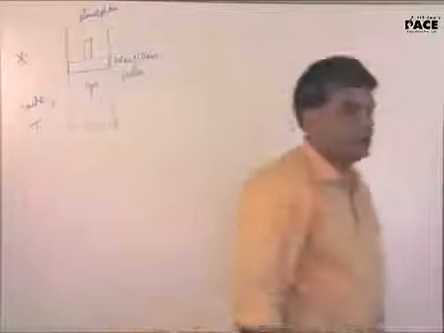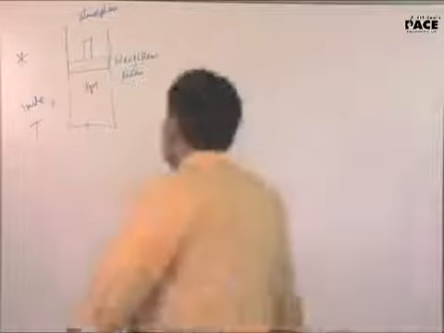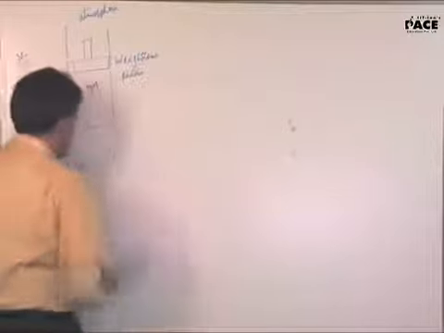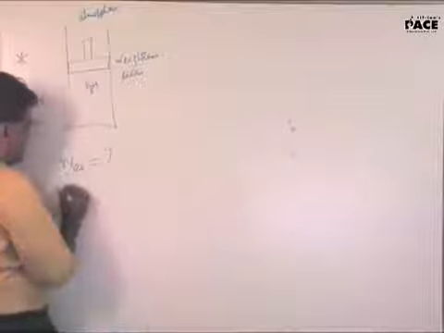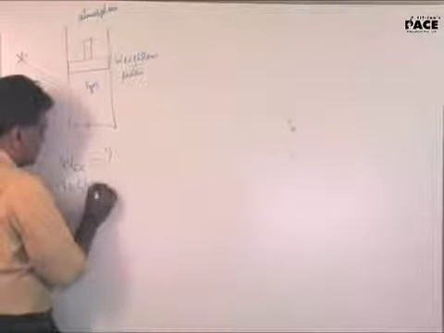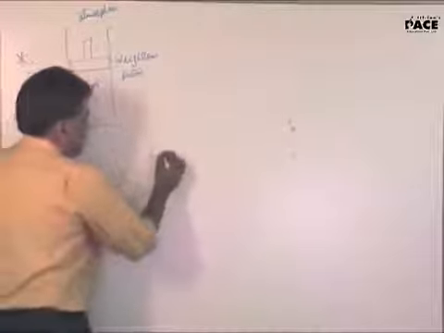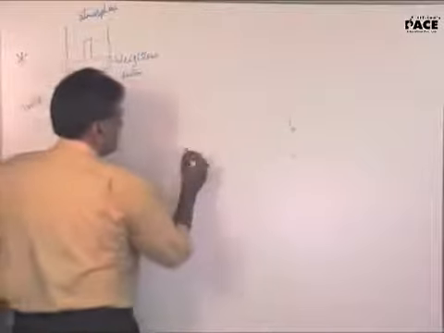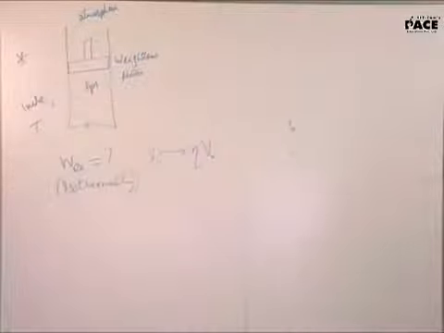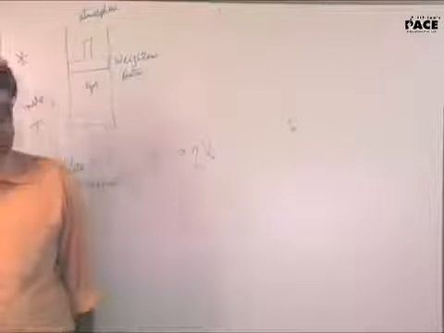The question is, what is the external work done isothermally such that the volume of the gas inside the vessel becomes eta times.